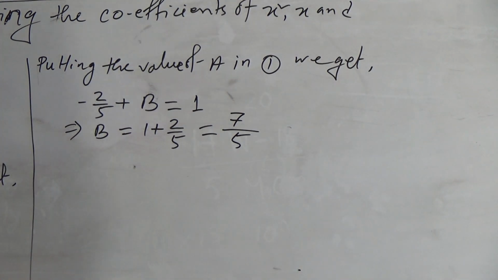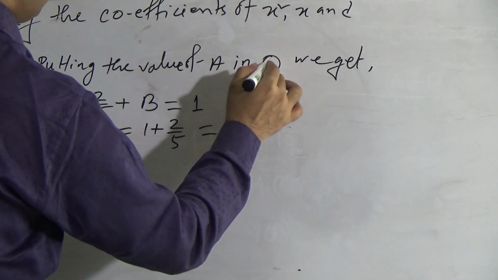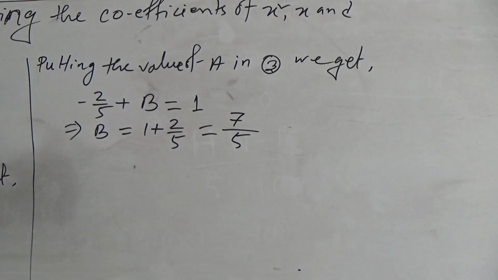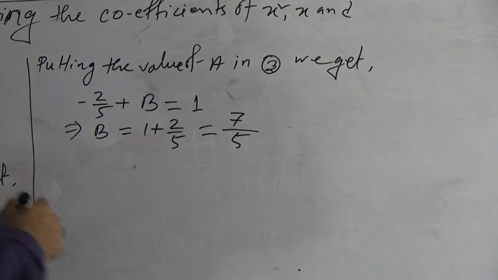If we put the value of b in equation 4, sorry, this one is not equation 1, this is equation 3. Now, if we put the value of b in equation 4, we will get the value of c.